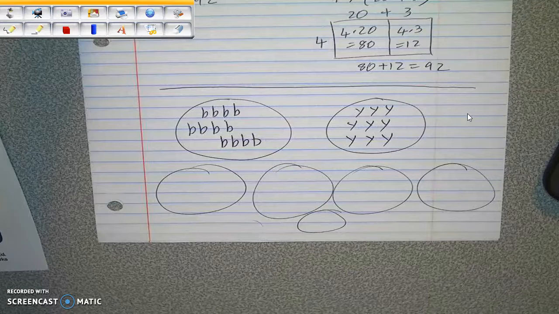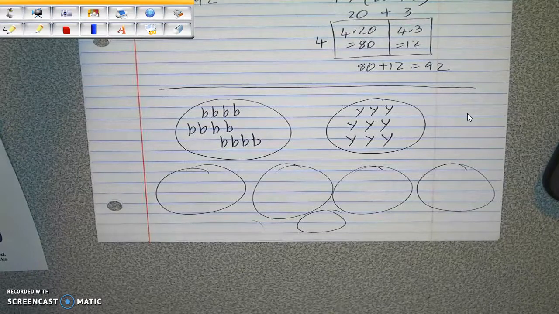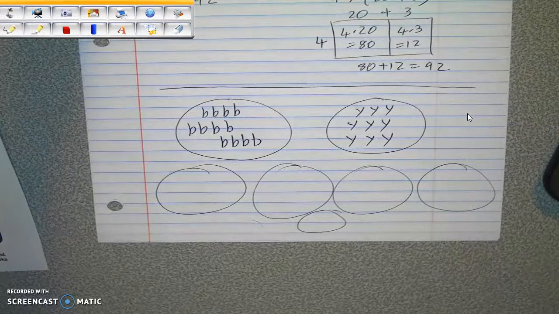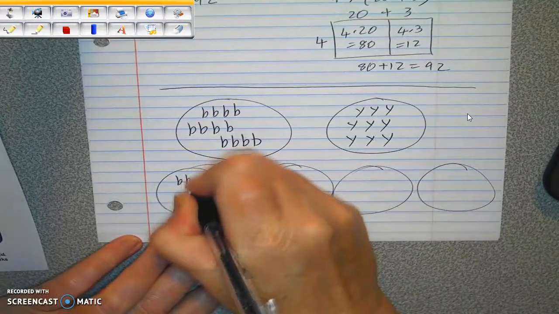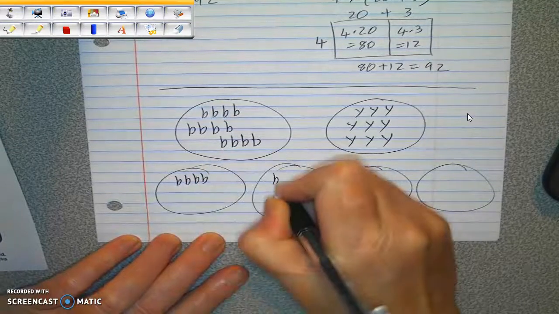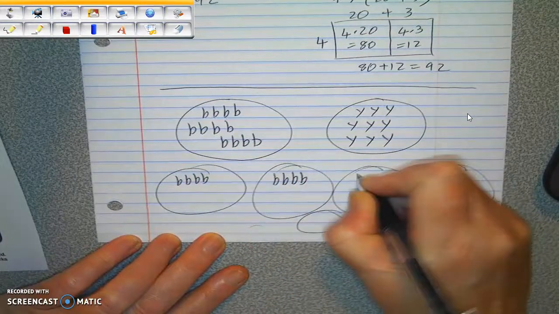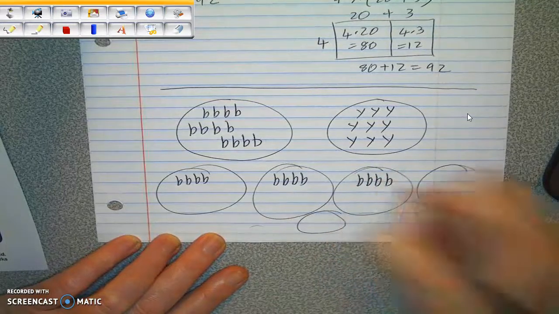So if you look at these, you can see that 12 for the black cubes and 9 for the yellow cubes, both of those numbers have a factor of 3. So we can make 3 groups. The greatest common factor for 12 and 9 is 3. So we can make 3 groups, and each group is going to have 4 black cubes. The other circles I'm not using.